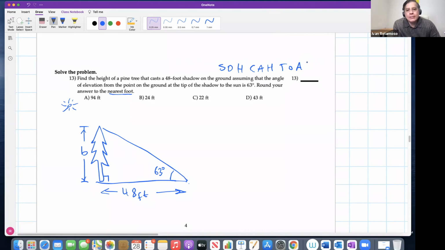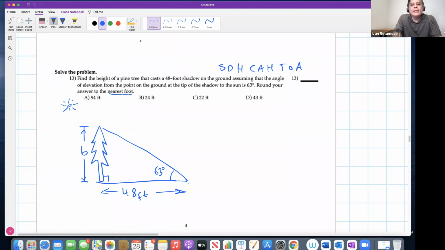It could be sine, cosine or tangent, and just follow the algebra and you should be okay. Ying, excellent, very good.